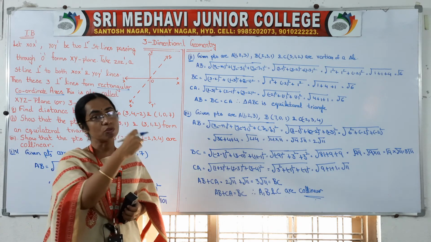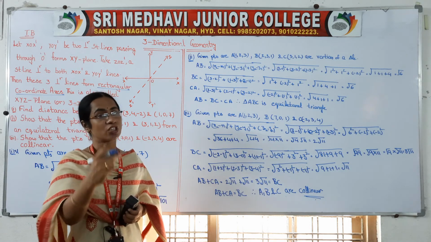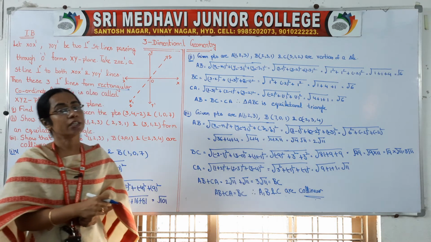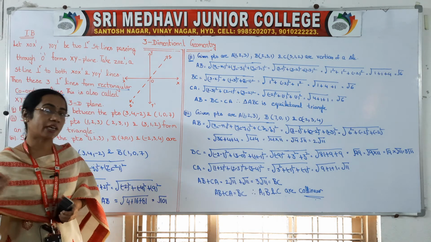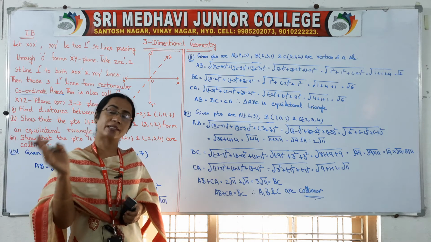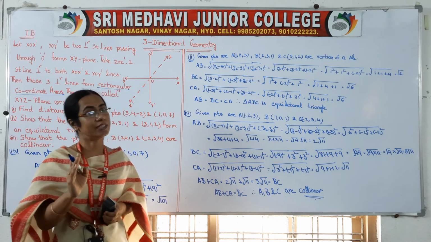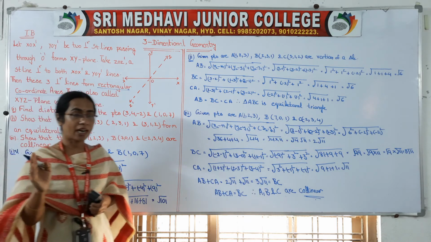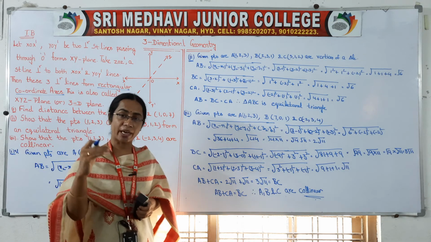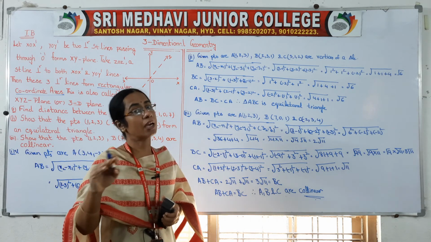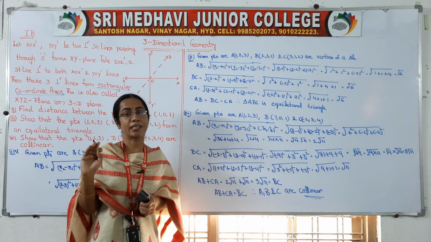Now today's topic is 3-dimensional geometry, right? That means along with the x and y axes, there will be another axis, the z axis. It is the line which is perpendicular to x as well as y and passes through the origin, right?